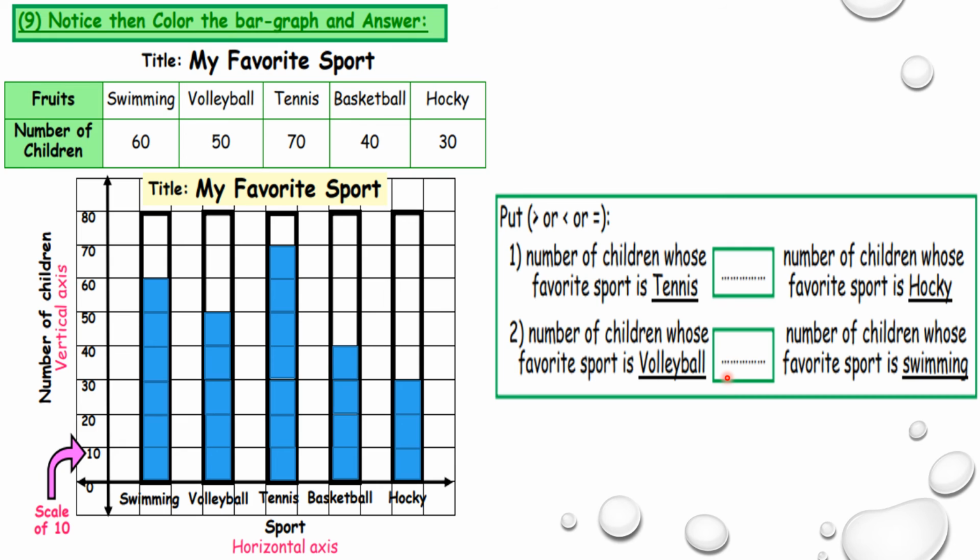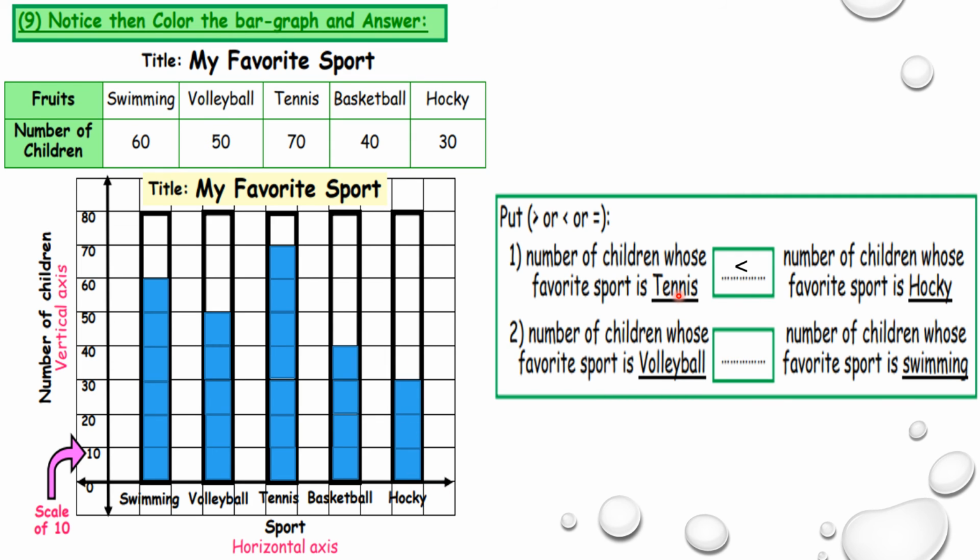Let's answer these questions. The number of children whose favorite sport is tennis, I want to compare it with the number of children whose favorite sport is hockey. So look, the children who like tennis, this column is greater than the people who like hockey.